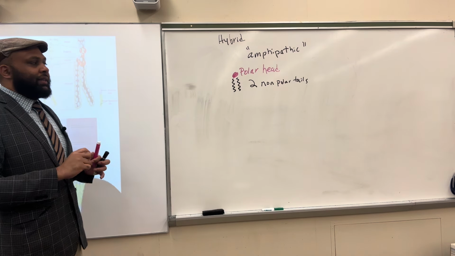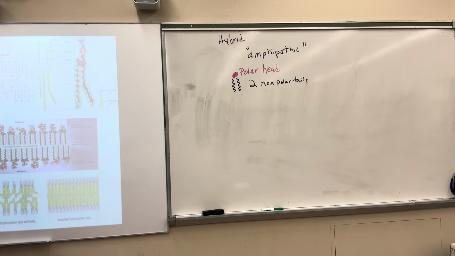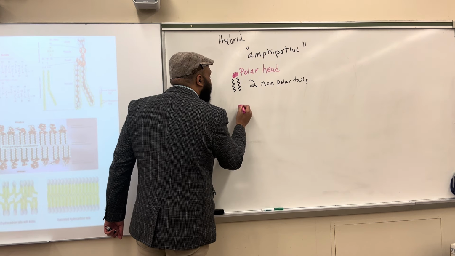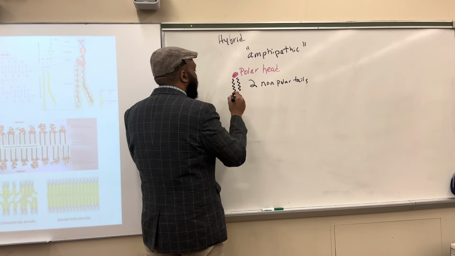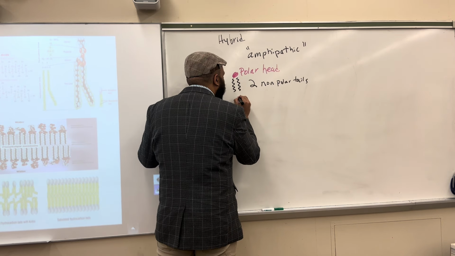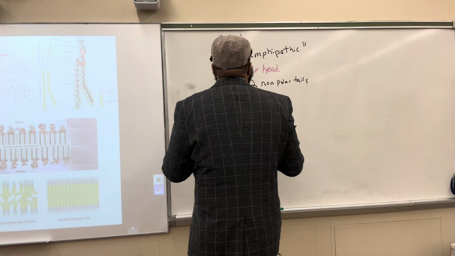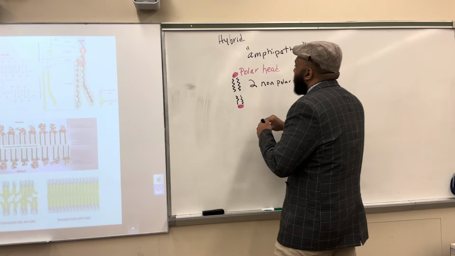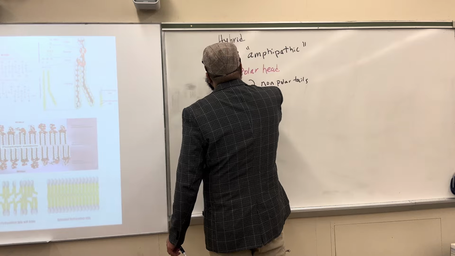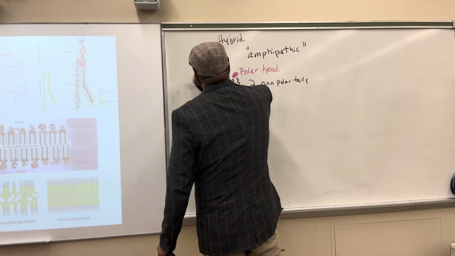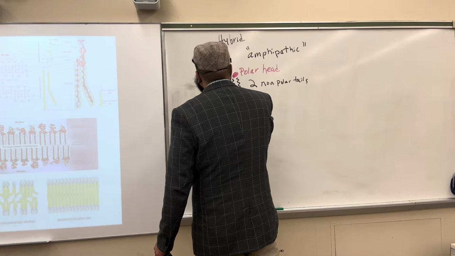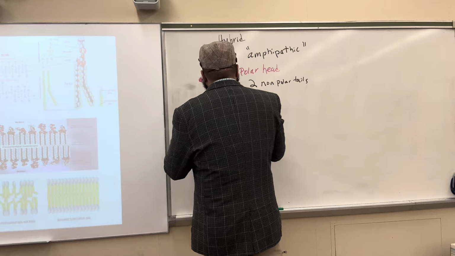And not only that, it's actually a double layer. So you have two heads, one on the top and one on the bottom. You have one head on the bottom with its two tails and one head on top. So we call the top the upper leaflet.